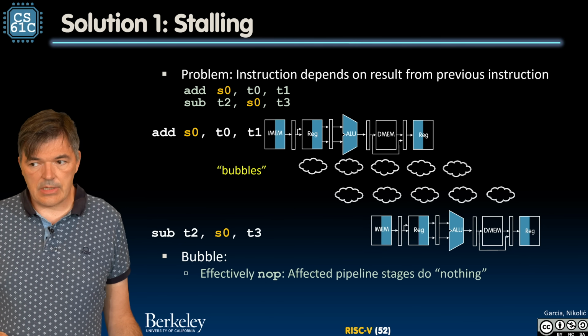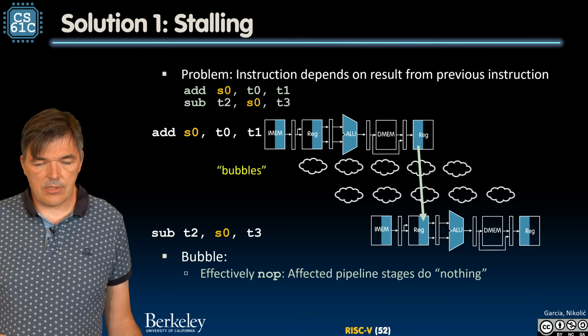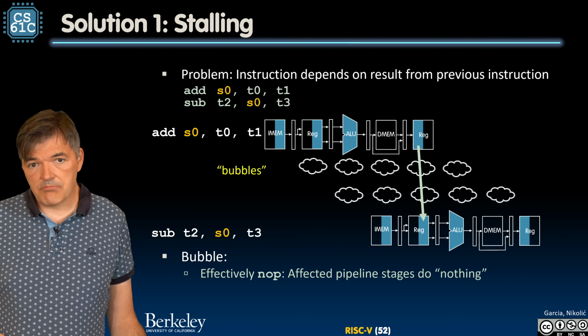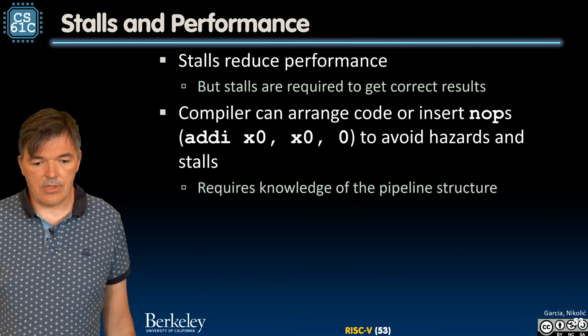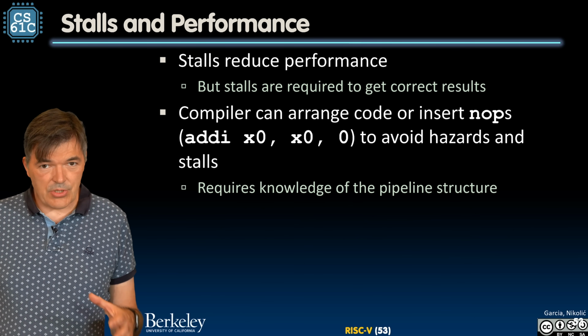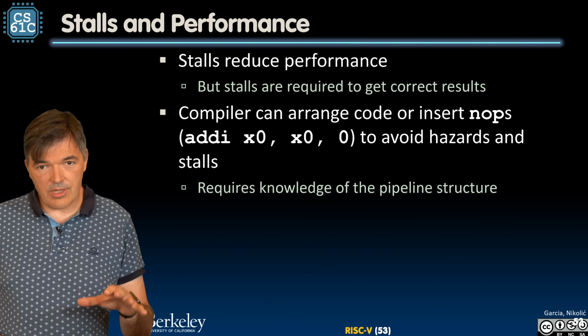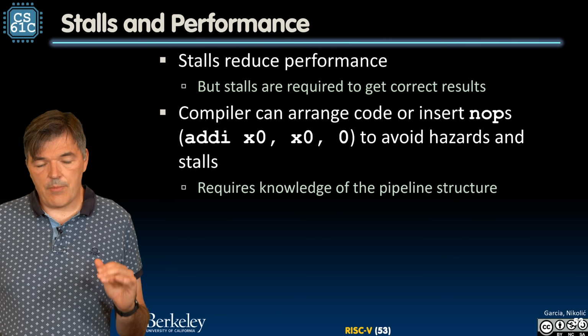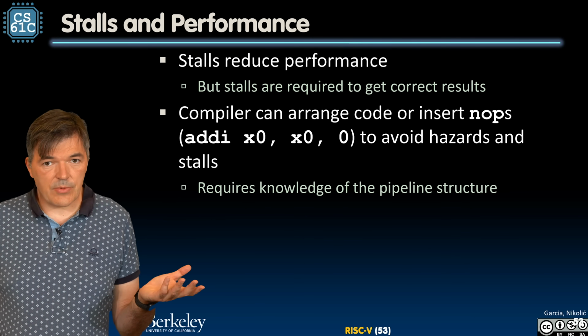Bubbles are perhaps not the most useful thing that is out there, because during that time the processor is doing nothing. Although we accomplished the main thing, to get the right result, the correct execution of a program, what may happen is that we are going to lose performance.